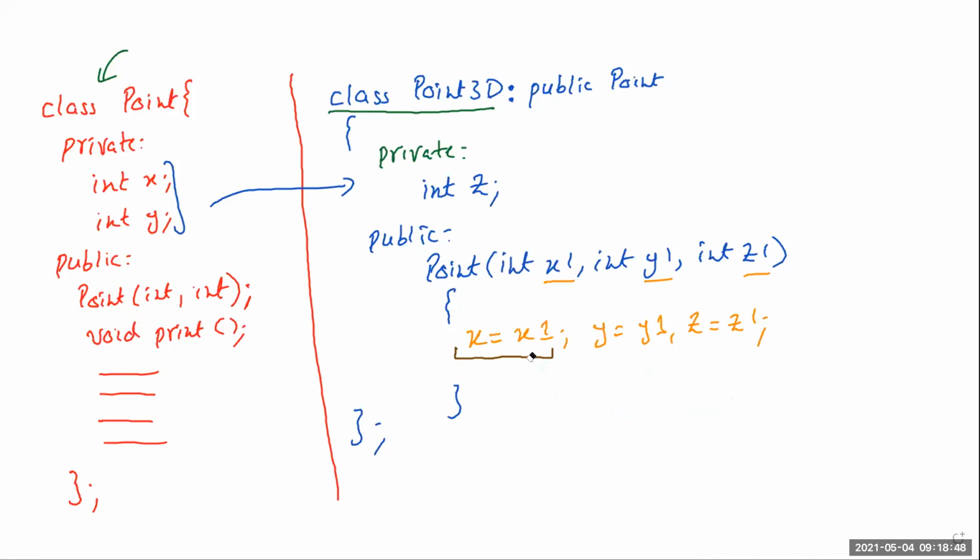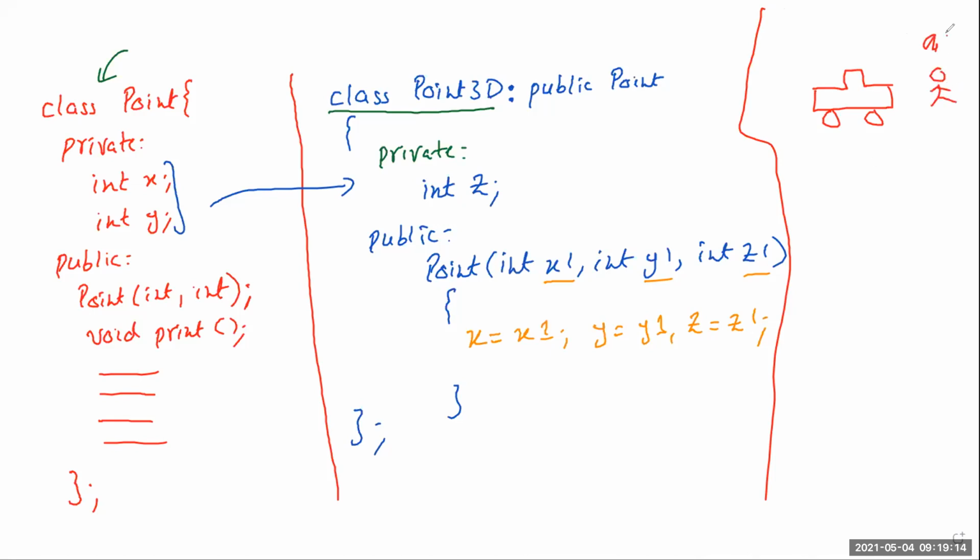Let's for some time forget about programming and let's discuss something in the real world. So suppose there is this car, and this is generation one, and this is generation two.